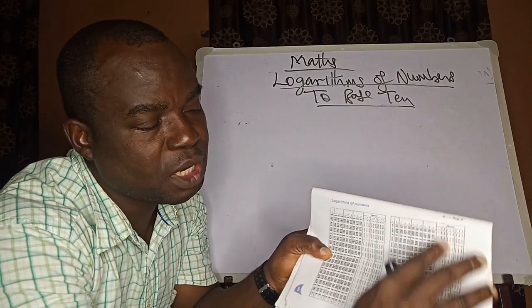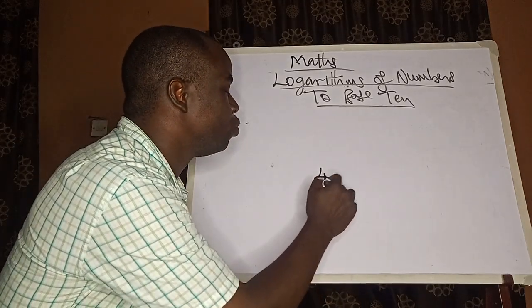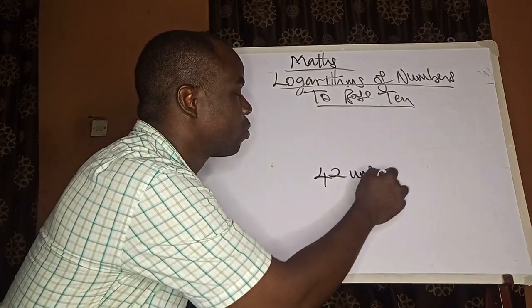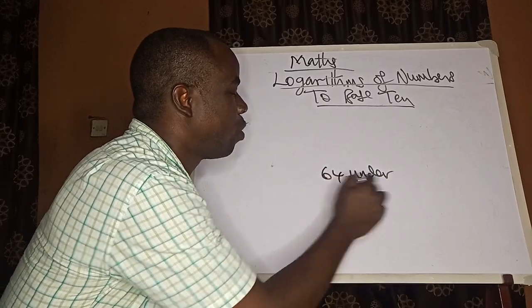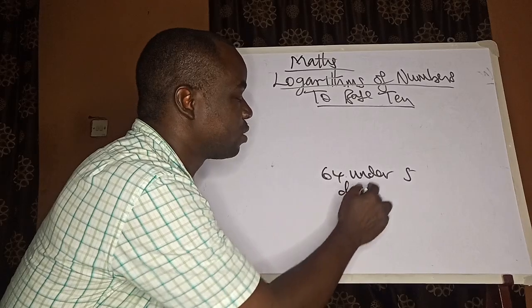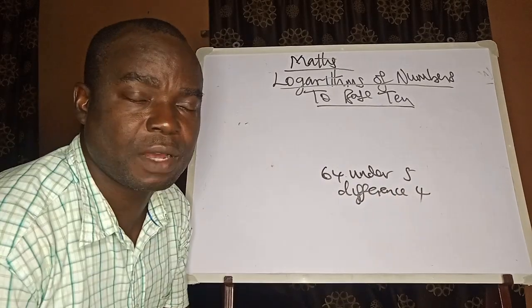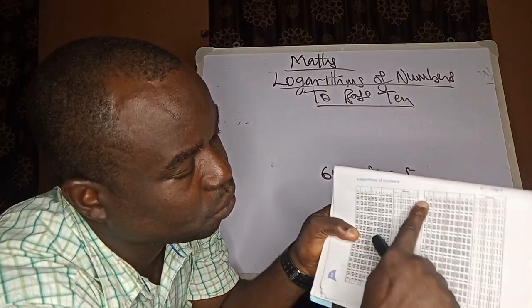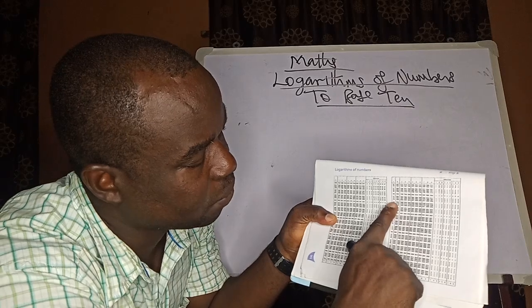Okay? Now let me explain how to use this. If I ask you to find 64 under 5, difference 4, what you do is that under x here, look for 64. So 64 is somewhere here.